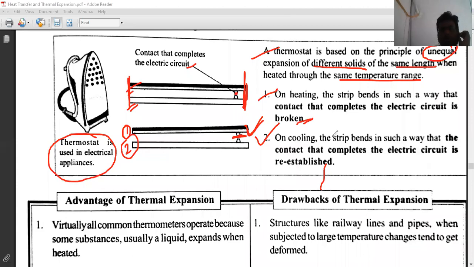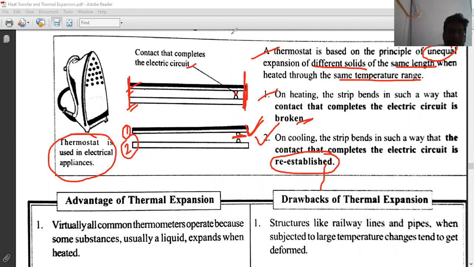So on cooling, the metal bends in such a way that the contact that completes the electric circuit is re-established. Okay? So this is the main point. On heating, the complete circuit is broken, right? On cooling, it re-establishes itself. Okay? So this is the main function of thermostats.